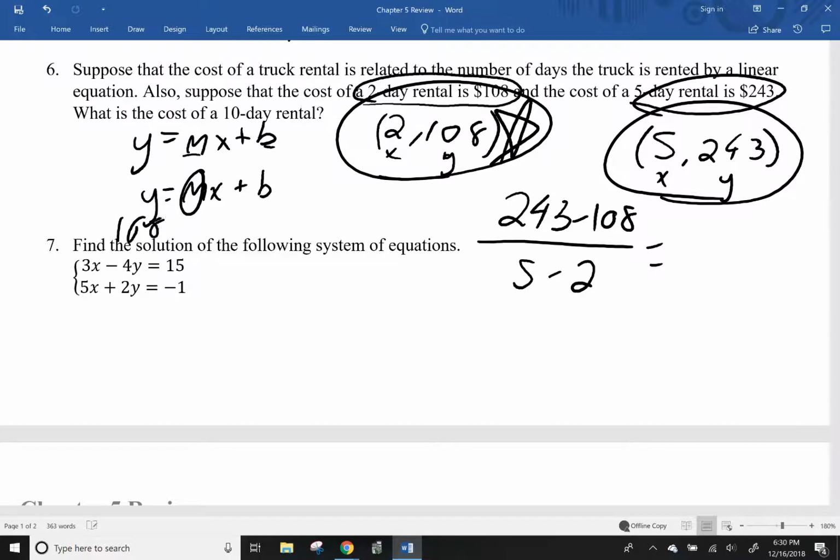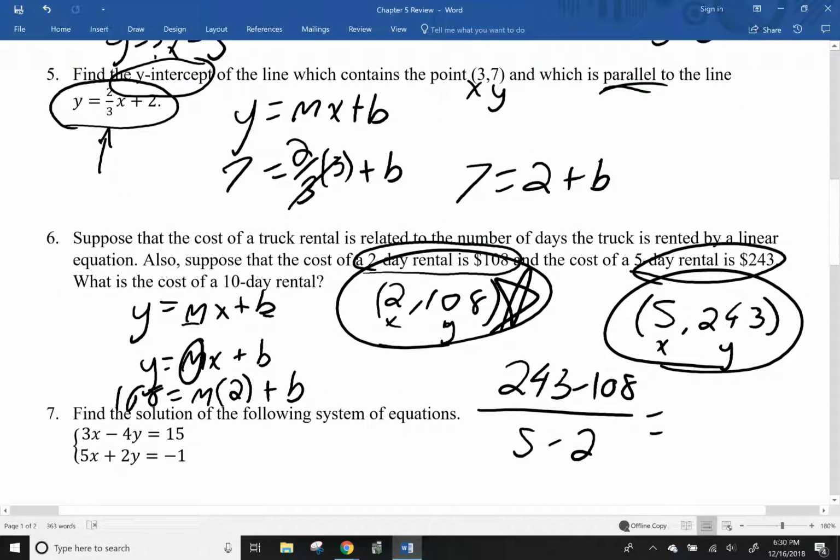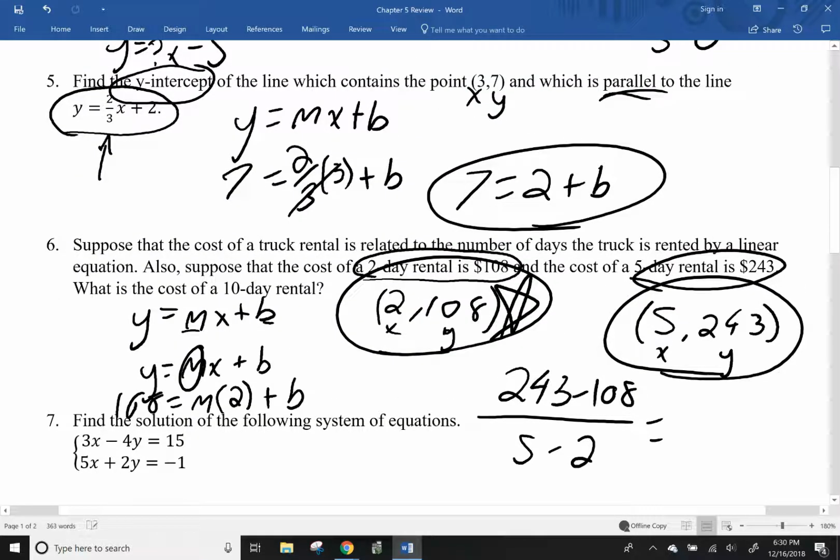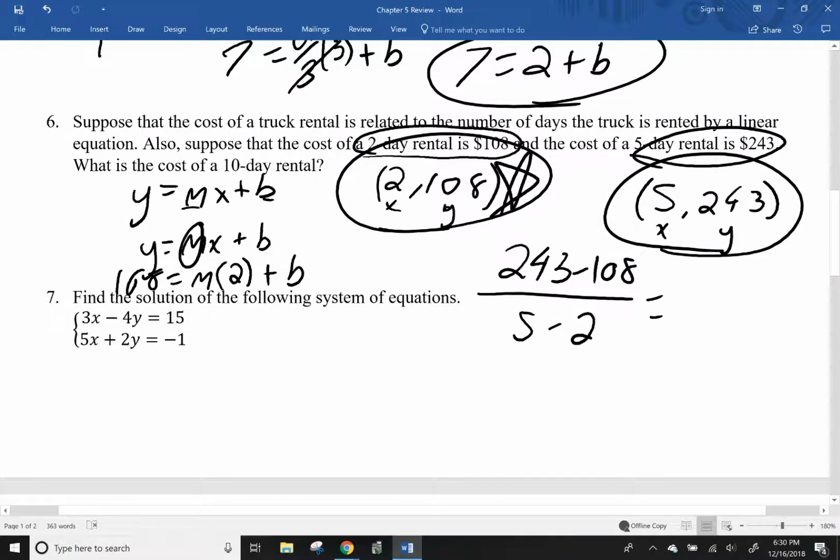So I'd plug in 108 equal to whatever my slope was times 2, and then solve for b just like we did here. And then once you find b, write the equation out, plug in the 10, and you'll get the cost of a 10-day rental.